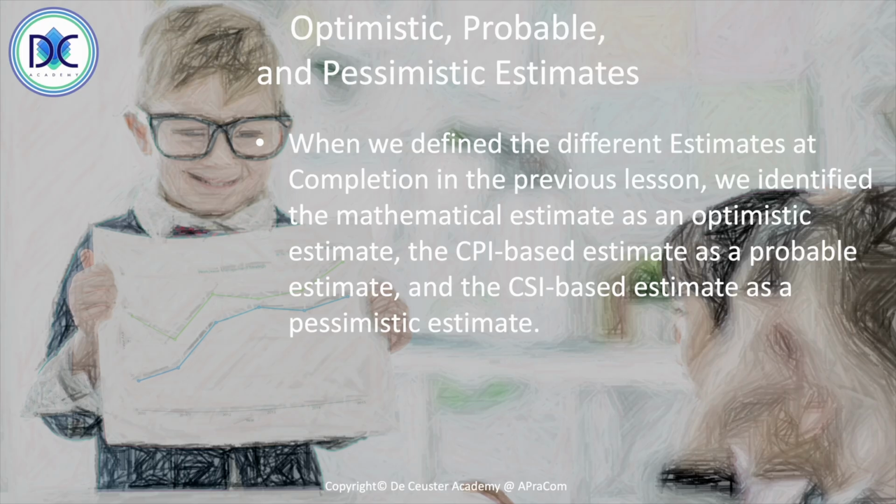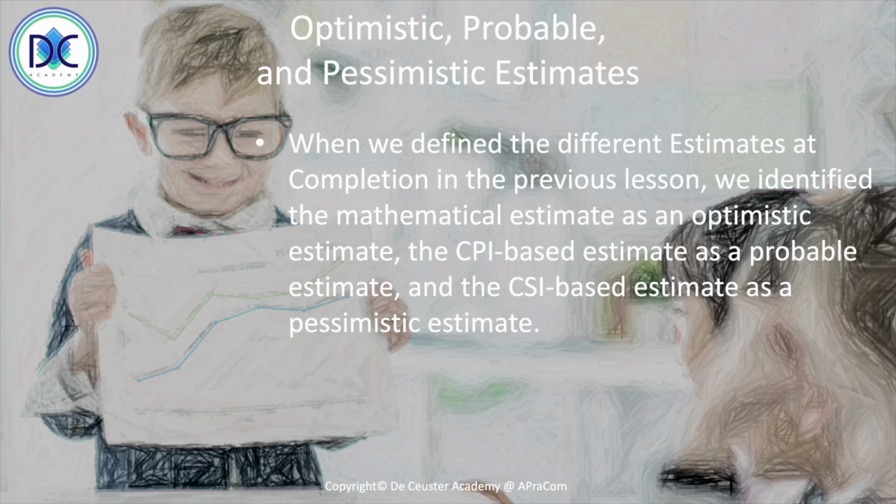It's also based on the fact that we are continuing the CPI, the financial efficiency that we had before, and we're happy to work like that. So we're just continuing the tendency that we have. And the last one, the CSI-based estimate, where we look at the total view of the project. We are multiplying the CPI with the SPI, adding all the elements together.